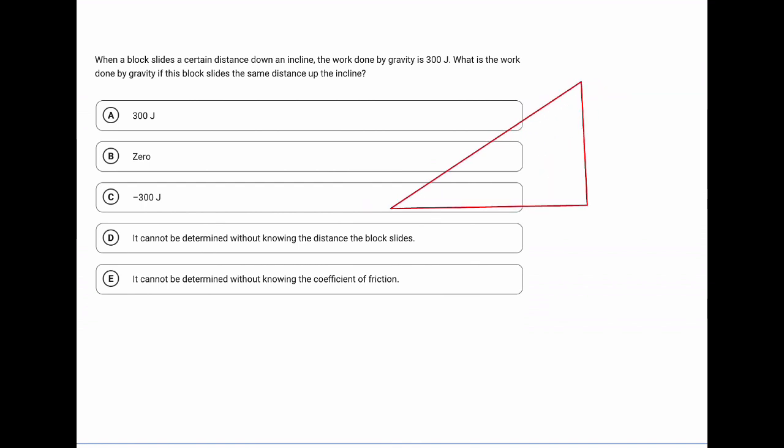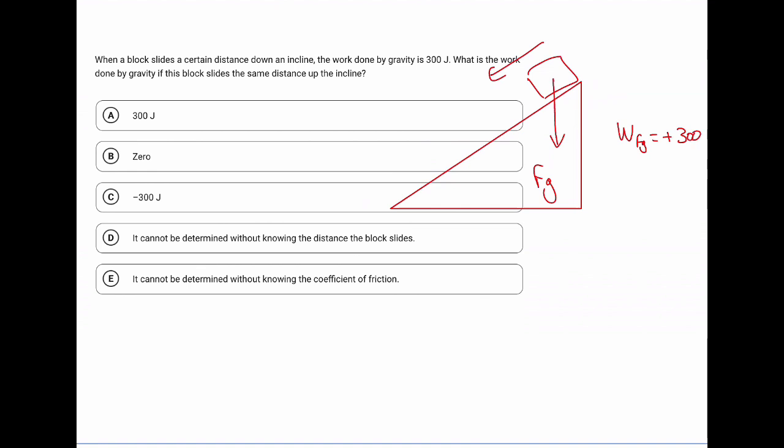Since we have an inclined plane, as the object is sliding down, gravity has a component that acts in the same direction. That's why as the object is sliding down, the work by the force of gravity is positive, and the value is given as 300 joules.